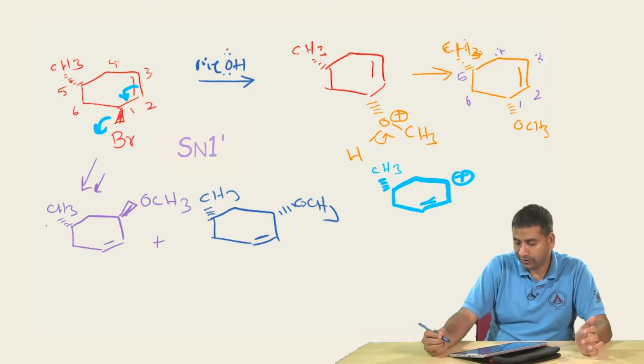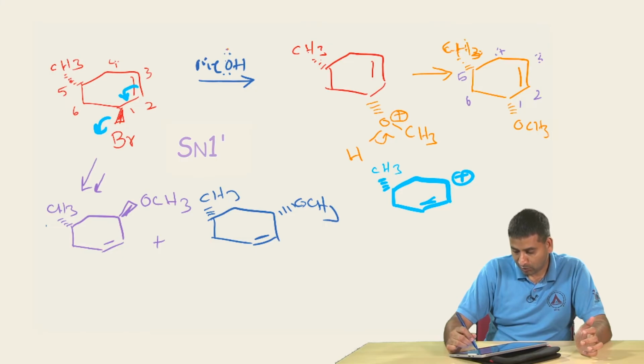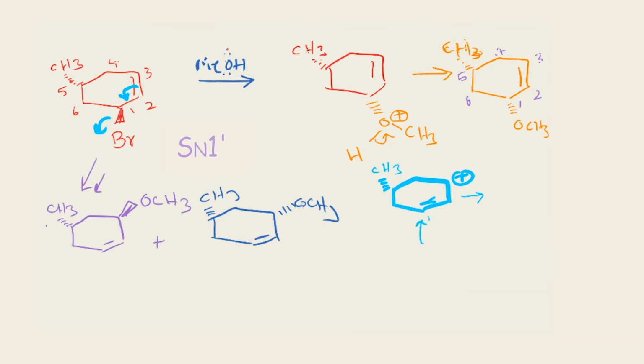You have CH3, and so now if methanol attacks, it can do a couple of attacks. It can attack from here or it can attack from here, right. So, here if the attack happens from carbon number 1, then you would end up with a product as shown here. Okay. So, this is basically these two structures.